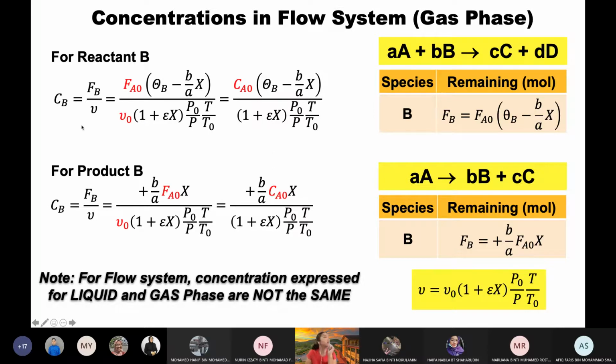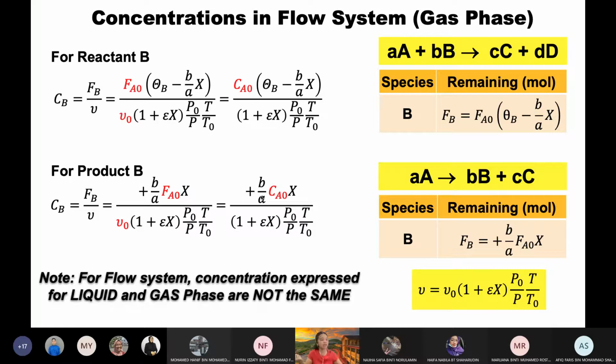Kenapa? Sebab outlet volumetric flow rate sama dengan initial volumetric flow rate dalam bracket 1 plus epsilon X, P0 per P, T per T0. Sama juga untuk kes yang bawah, when B is your product, the CB equals to, kalau sebelum ni hanya plus B per A, CA0 X. However, now we add the bottom one, 1 plus epsilon X in bracket P0 per P, T per T0.